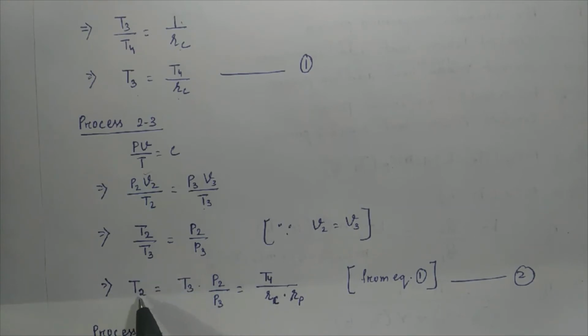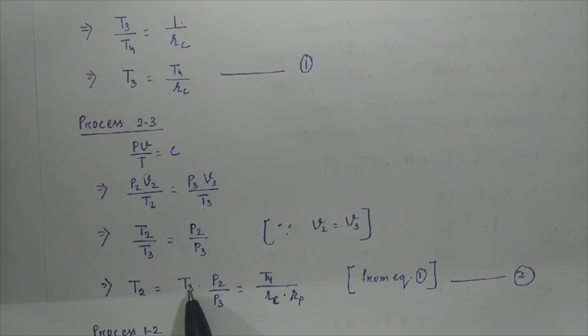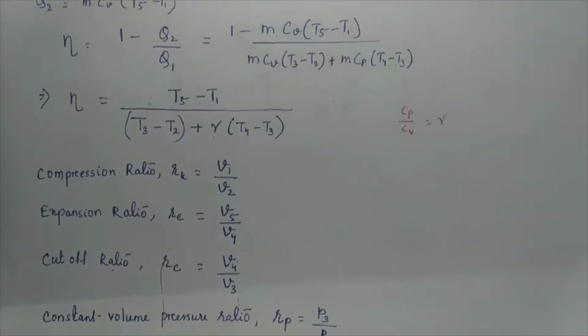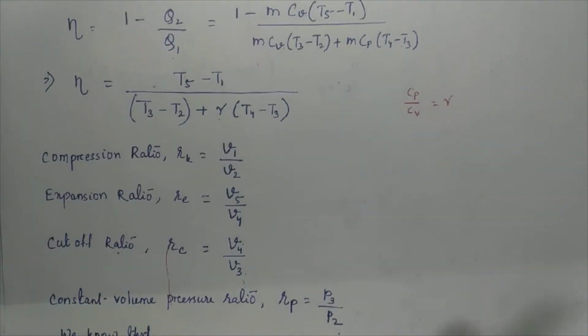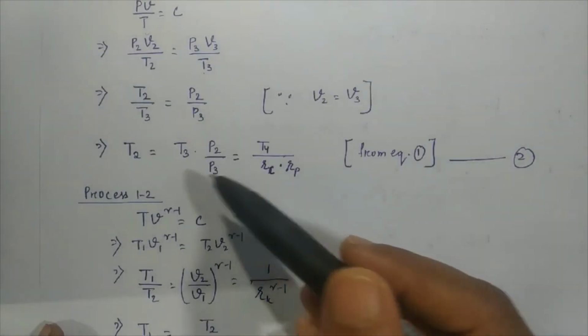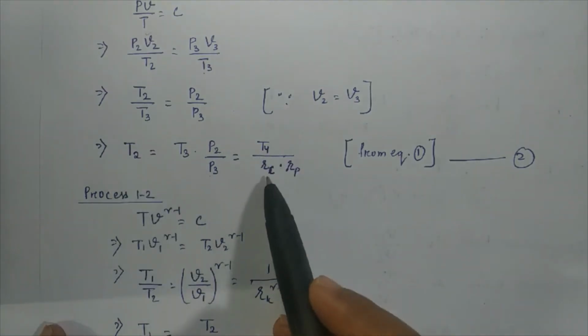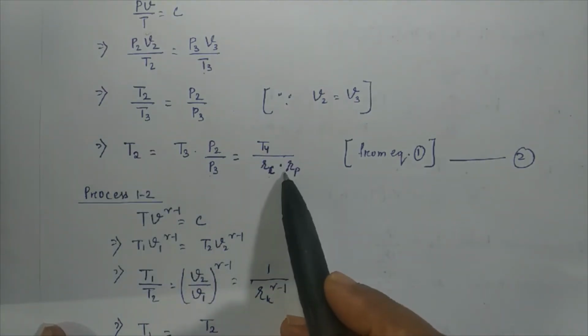So T2 equal to T3 into P2 by P3, and we already expressed T3 as T4 by Rc. The pressure ratio is P3 by P2, so P2 by P3 is 1 by Rp. So T2 is equal to T4 by Rc into Rp.